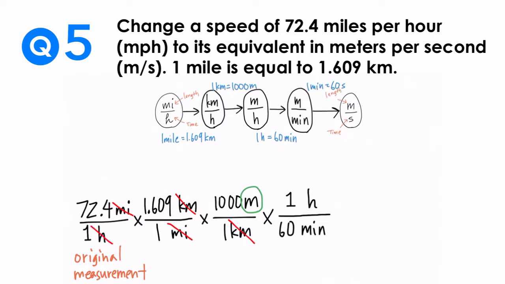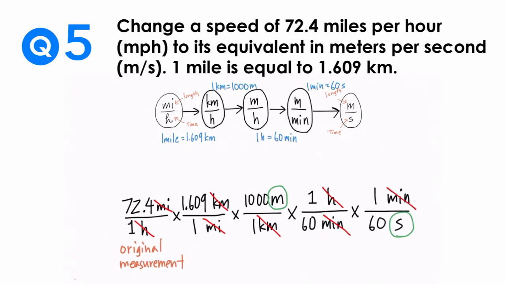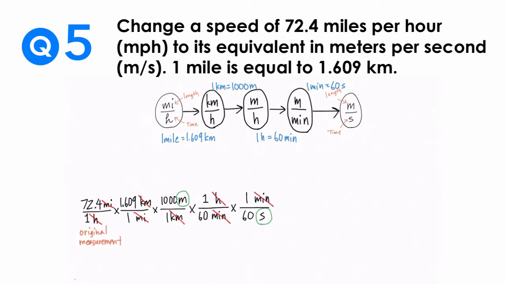To get rid of minutes, we want to have minutes on the top and seconds on the bottom. The equivalence we will use is 1 minute is equal to 60 seconds. Notice that after canceling out all of the units, what's left is meters per second.